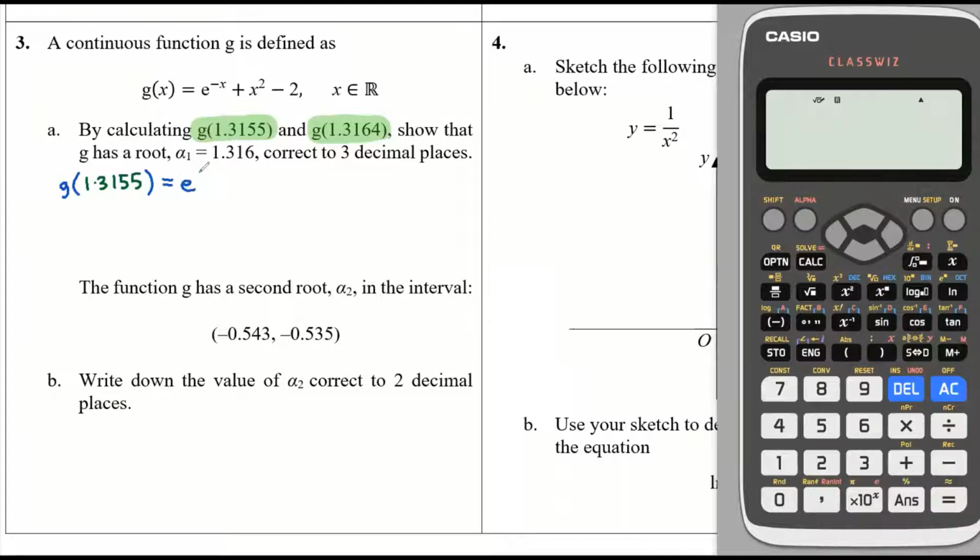So this is going to be e to the power negative 1.3155 as shown, plus 1.3155 squared, and then subtract the 2. Okay, so we'll do this on our calculators and see what happens. So exponentiate, so shift, that's pi. Oops, I didn't want to do that.